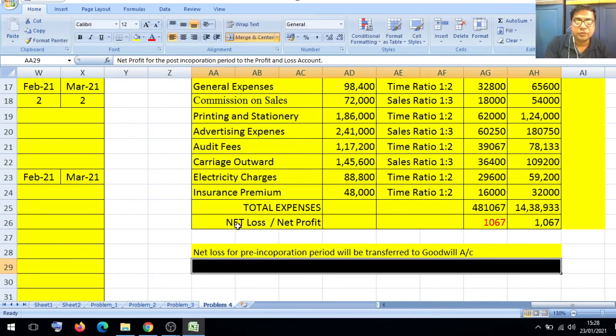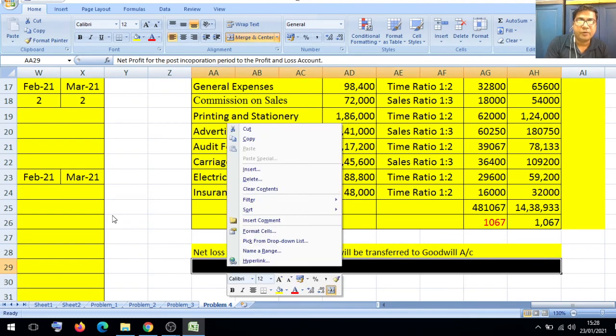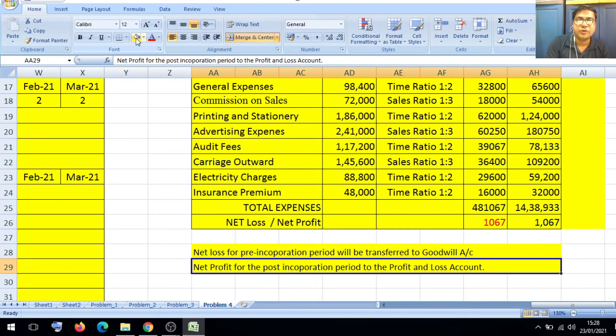See friends, so net loss in pre-incorporation period and net profit in post-incorporation period. Net loss transferred to goodwill account, and net profit we will transfer to profit and loss account.